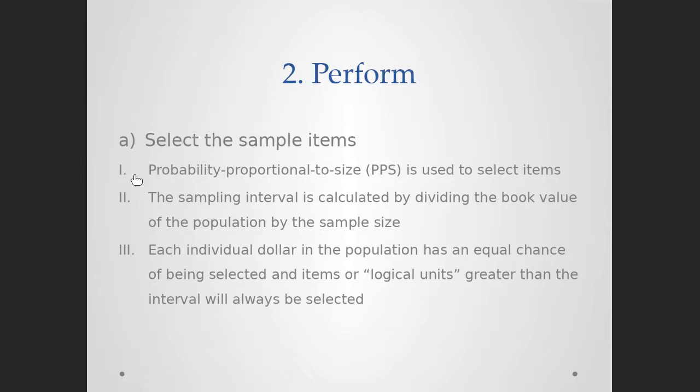if you have two accounts receivable balances, one is $5,000 and the other one is $1,000, which one of these two has a greater probability of being selected in your sample item?